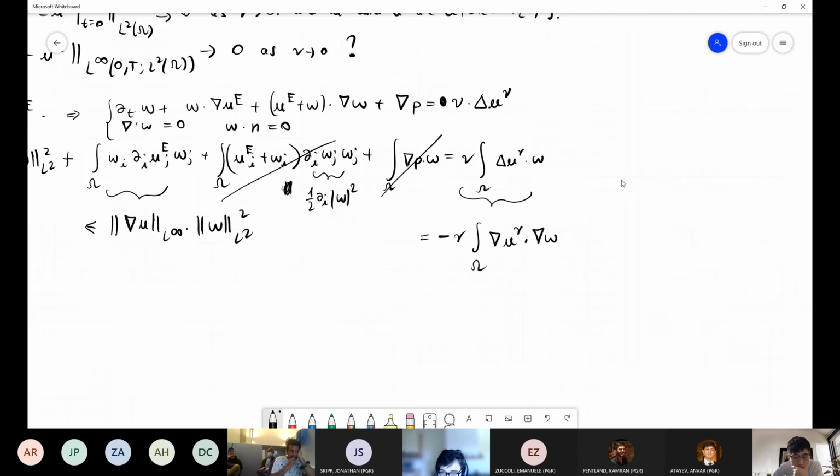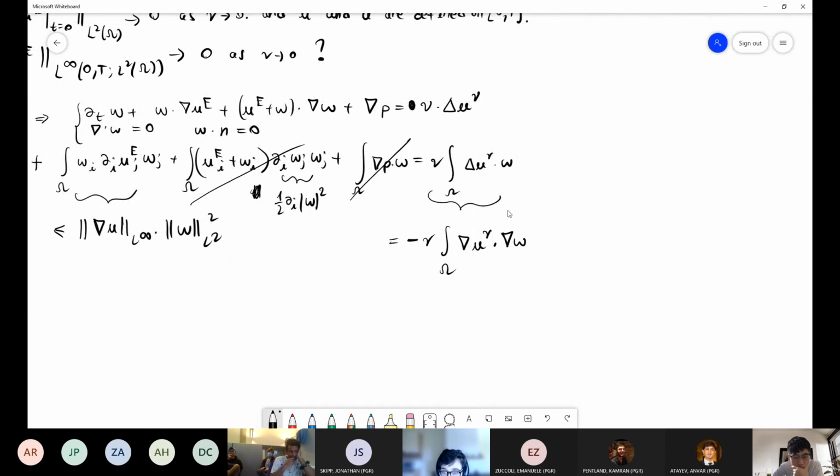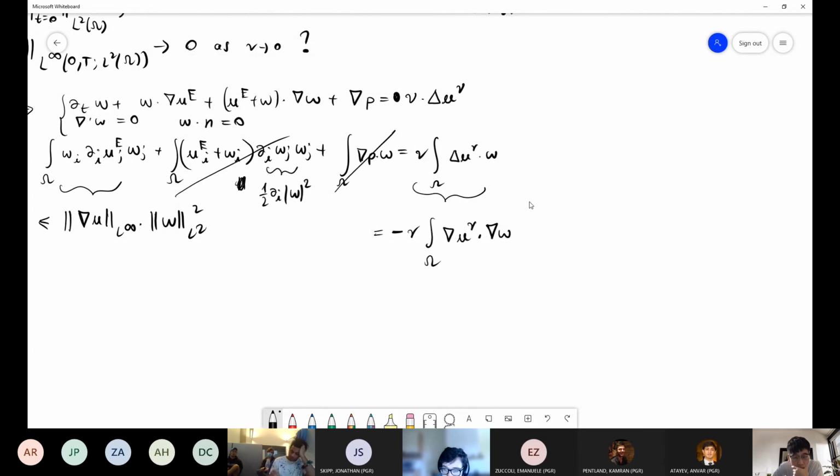Let me think about this for a second. If we write down this equals this, this one works because the boundary term will be this.